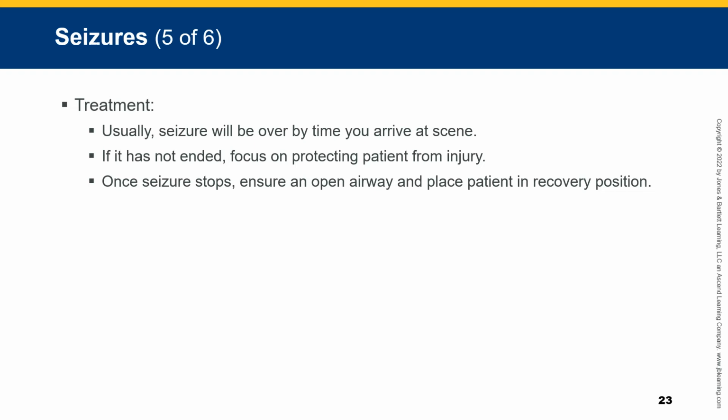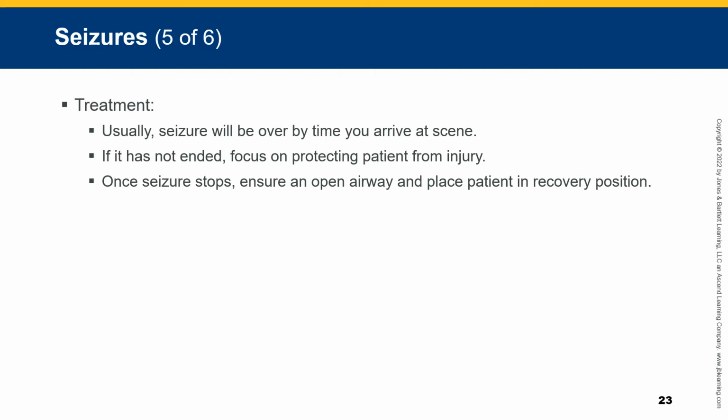However, what happens is the spasmodic muscle movements and the tongue is a very large muscle, it can cause the constriction of muscles in the neck and also the constriction of the tongue, and that can press up into the roof of the mouth and compromise the airway. Once a seizure is stopped, it is essential that you ensure that they have an open airway once that seizure is over.